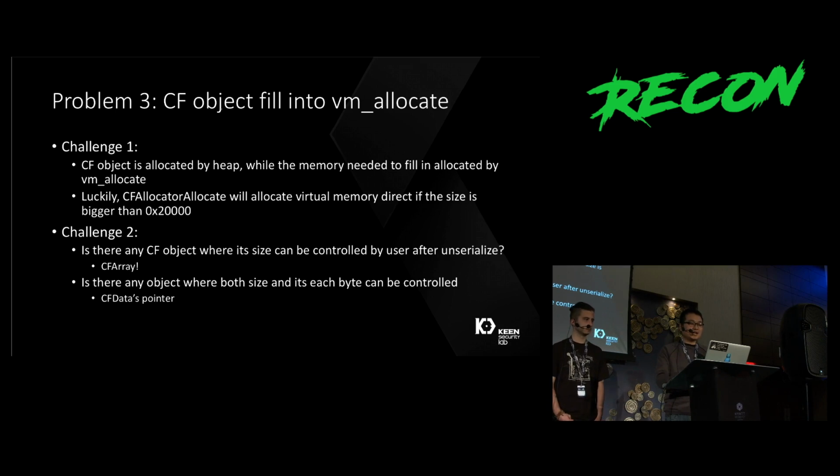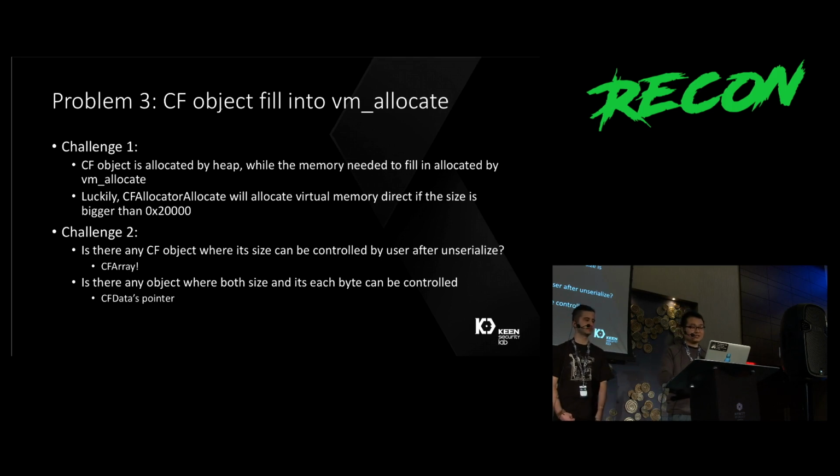But luckily, on the iOS system, we found that if you use the CF allocator to allocate a CF object, and the size is more than 20,000, then it will directly use virtual memory, which means you can construct a very big CF object.